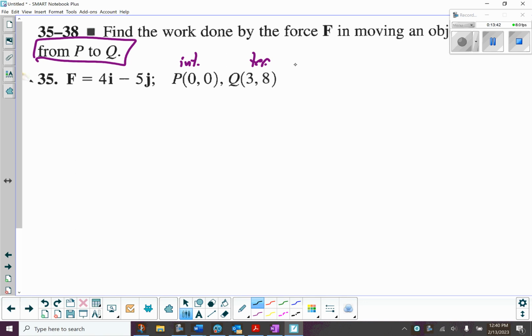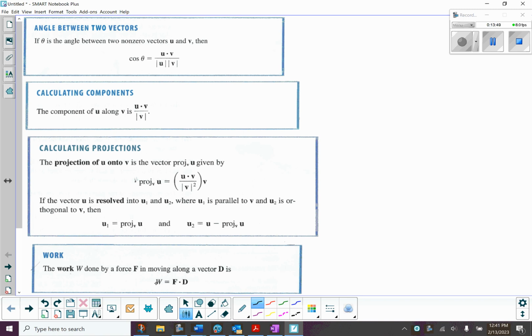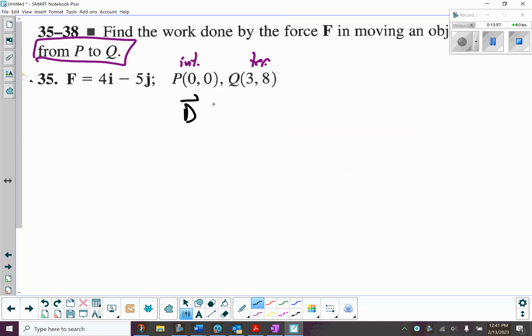We need to, from that, create a distance vector. Because again, at the start here, the amount of work done is the force vector dot distance vector. Terminal point minus initial point. Well, gee, this subtraction is going to be easy here. 3 minus 0 is 3. 8 minus 0 is 8.